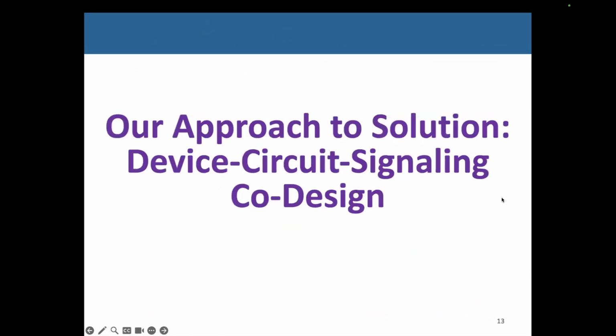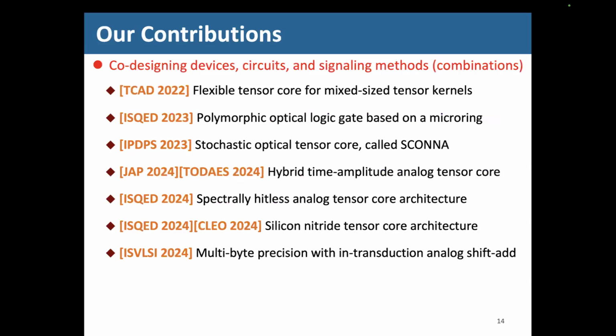In the last couple of years, we have looked at a device, circuit, and signal co-design approach to try to break this trade-off in many ways, right? These are a handful of publications that we have in this domain. Some of these publications look at device, circuit, and signal co-design altogether.